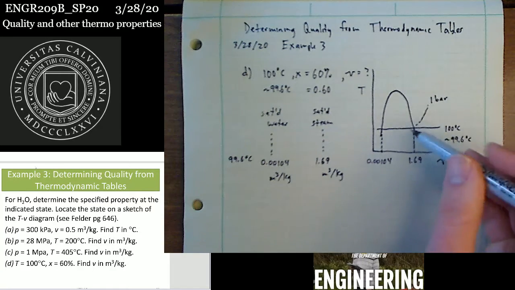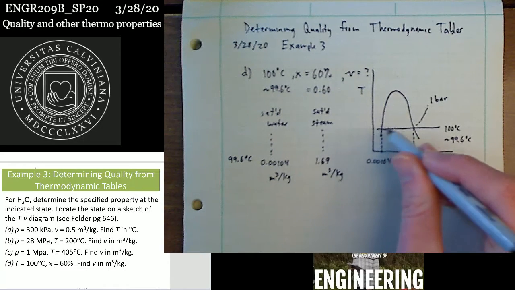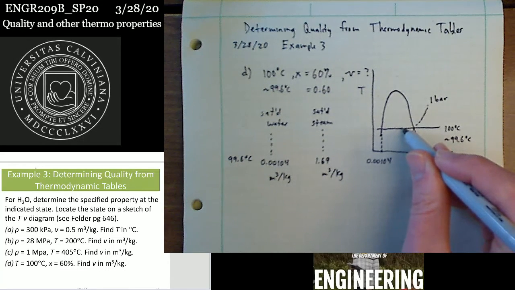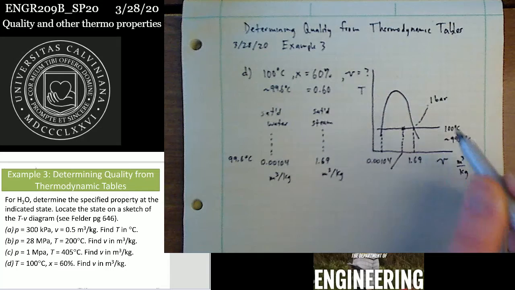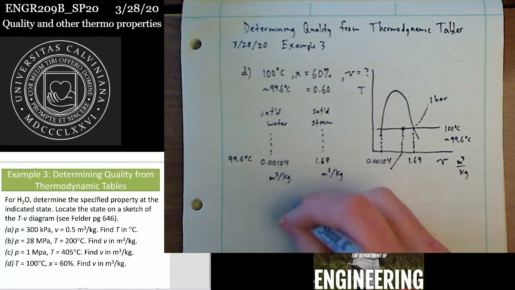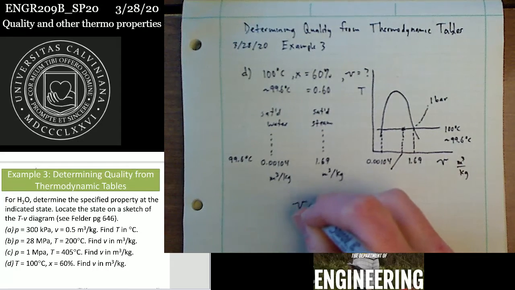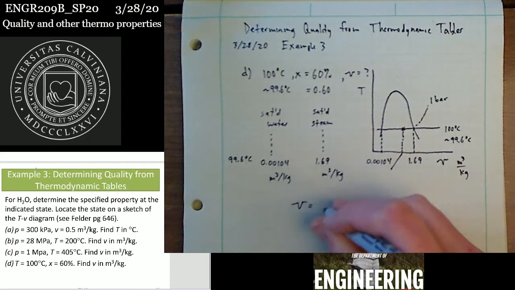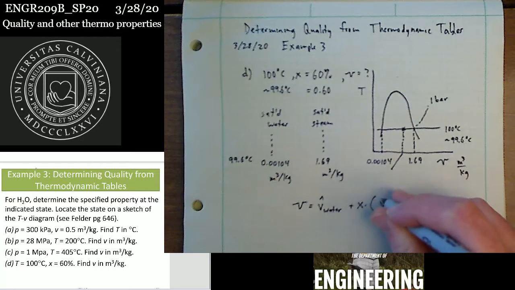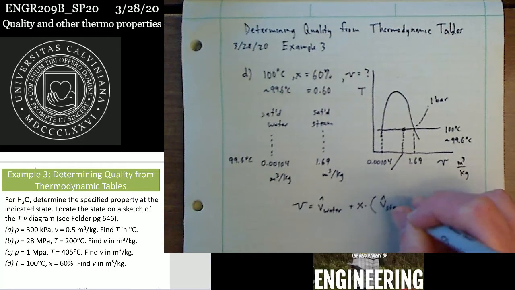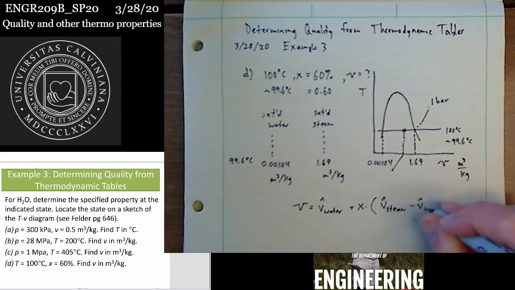So somewhere 60% of the way, and this is 0, and this is 1.0, 0.6 is going to lie somewhere along here. And we want to find that specific volume. That's the question. So to do so, we need to use a formula that involves quality. So if we set it up for a specific volume, this is our specific volume of interest, we have the specific volume of water plus quality times the specific volume of steam minus the specific volume of water.